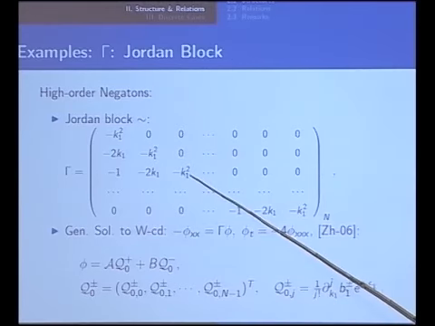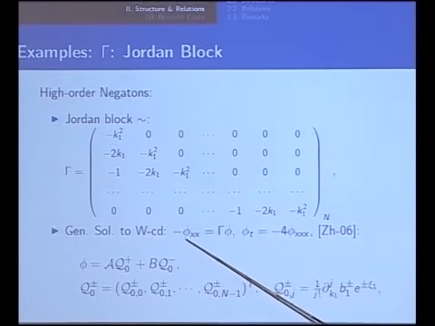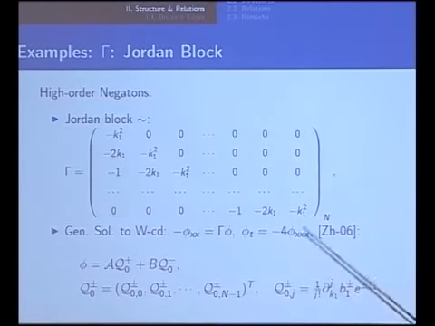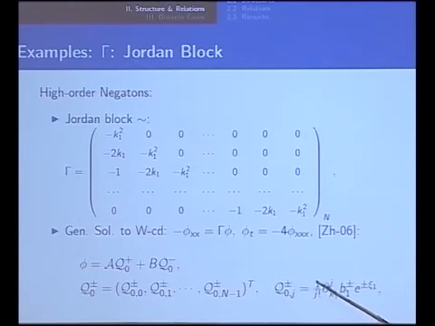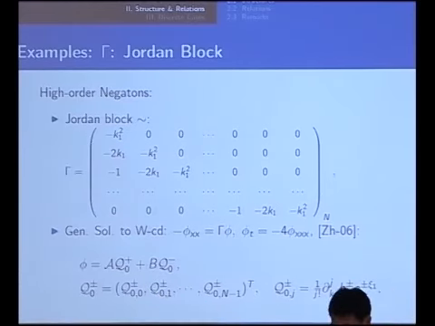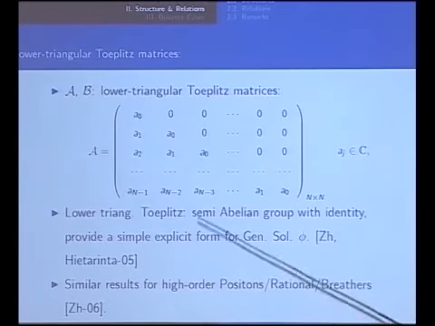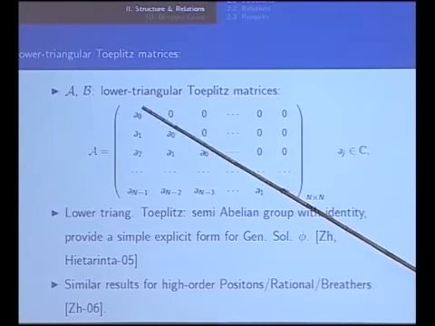And if gamma is not diagonal but a Jordan block case, we can get limit solutions. For such a coefficient matrix, we can have a general solution for this equation. The general solution is expressed through derivatives, and here A and B are Toeplitz matrices.